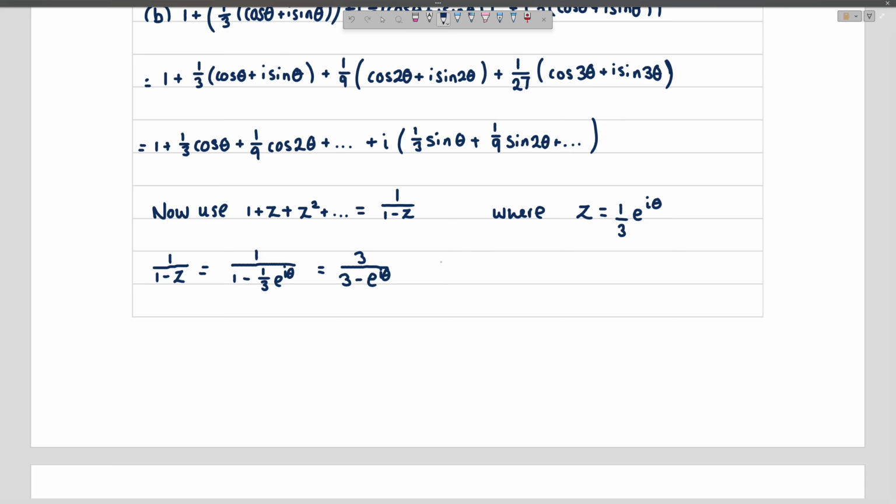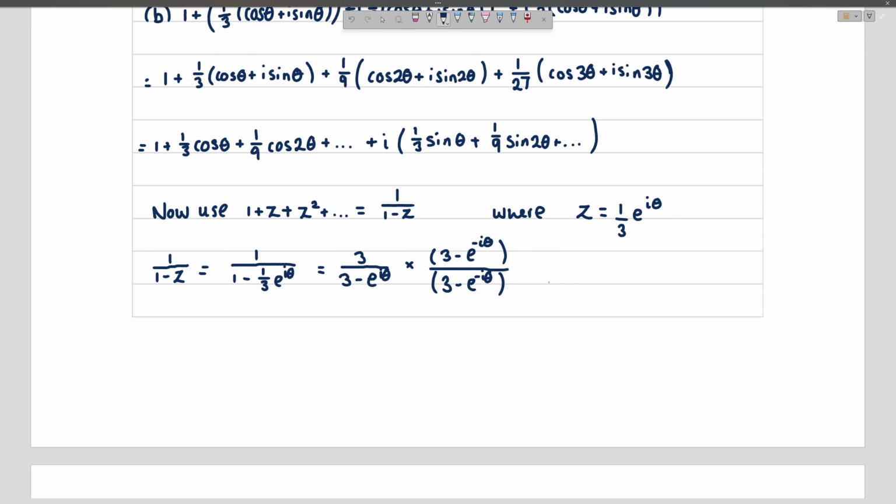Just be very, very careful with this: we times through by 3 minus e to the minus I theta, and we do this both top and bottom. So 3 minus e to the minus I theta there.